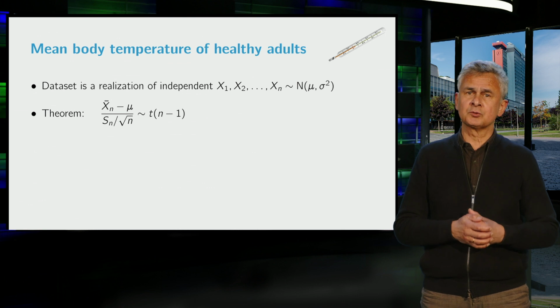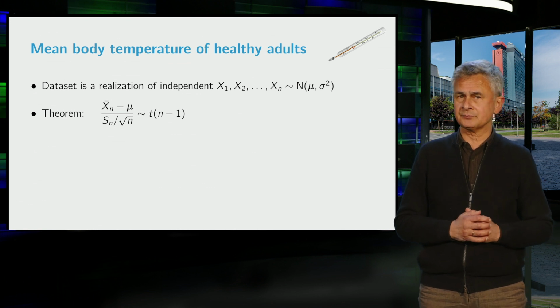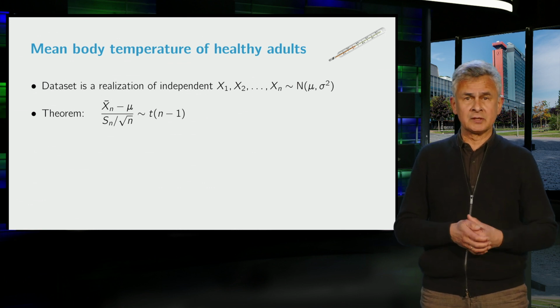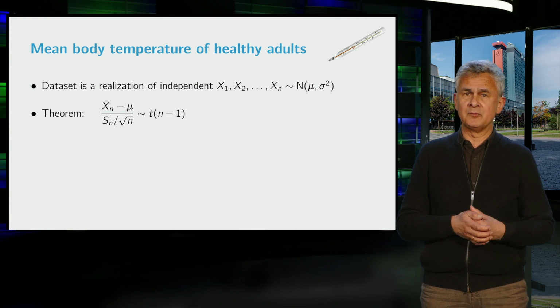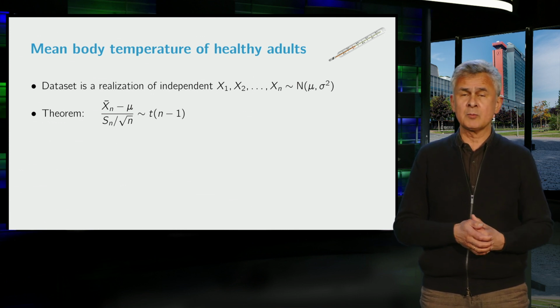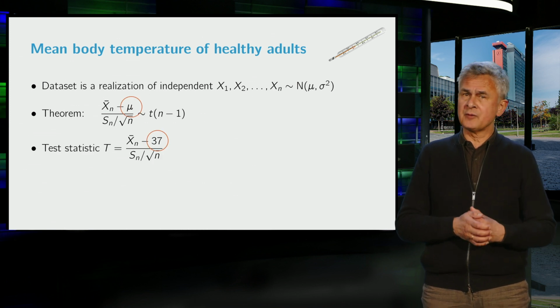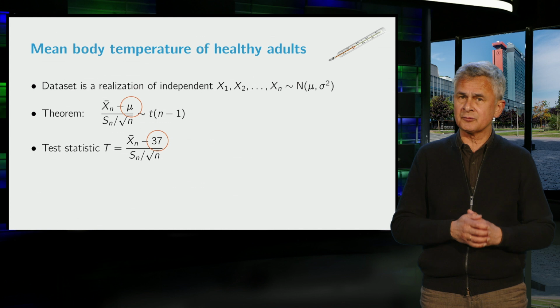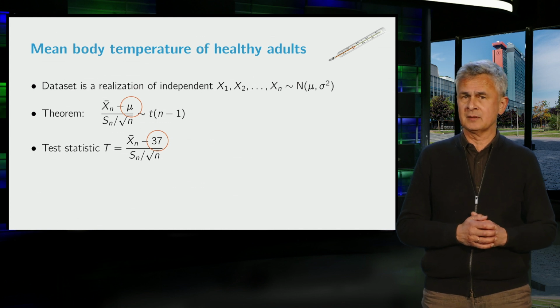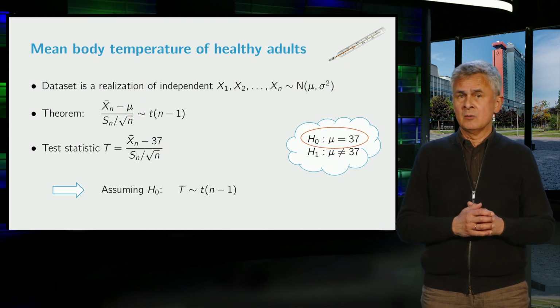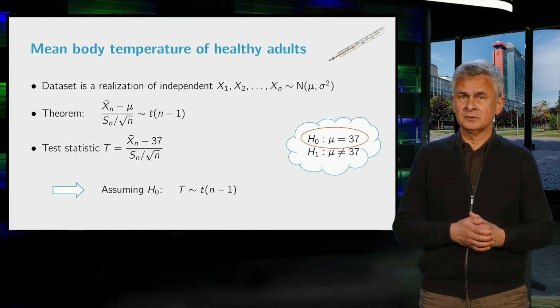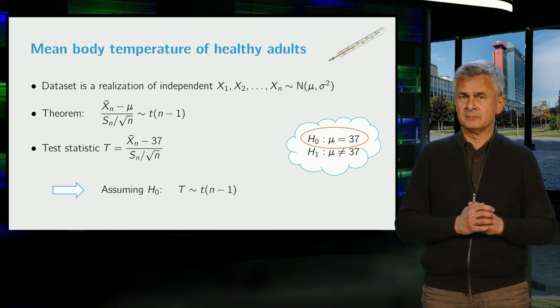Okay, so let us return to the body temperature example. Our dataset is a realization of independent normal random variables, so the theorem holds. The expression of our test statistic looks very similar, but is slightly different from the ratio in the theorem. However, when the null hypothesis is true, then the two expressions are the same.